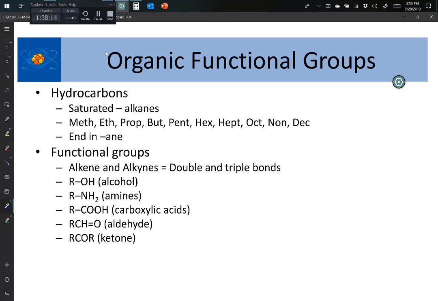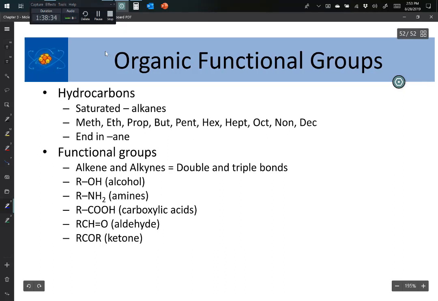So, hydrocarbons. I want you to know what a hydrocarbon is. What does a hydrocarbon sound like? Hydrogen and carbon. So, hydrocarbons are compounds that have only carbon and hydrogen in them. And the number of carbons helps us determine what the name is, okay? So for example, CH4, this is methane.